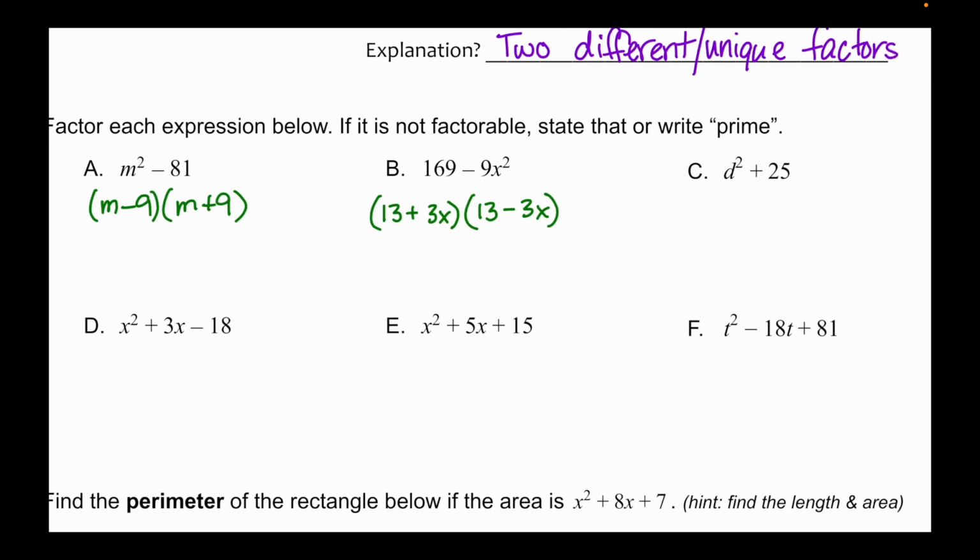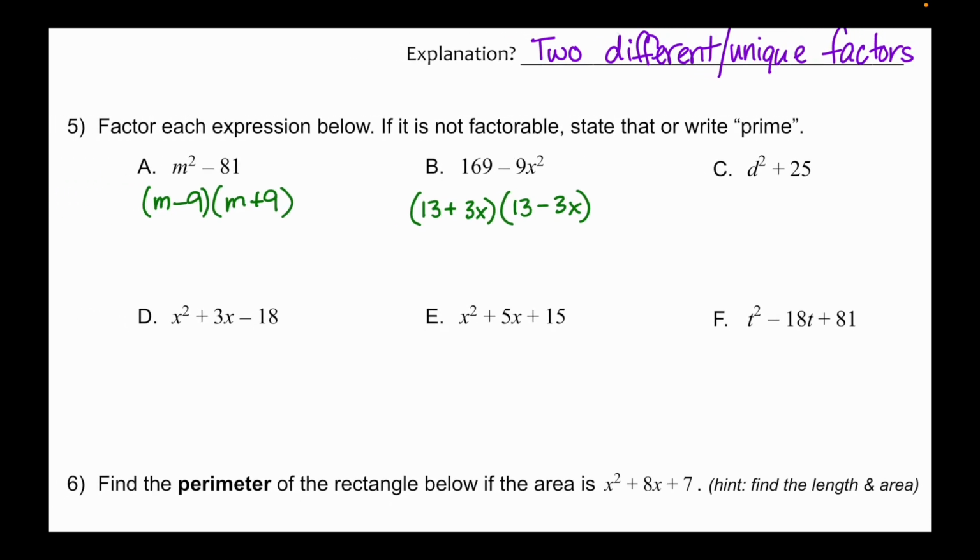C looks pretty similar to A and B. However, this one is not factorable because A and B only work because they have a plus and a minus, and that makes the second term negative. Since this one has two positive terms, it is not factorable, or prime.